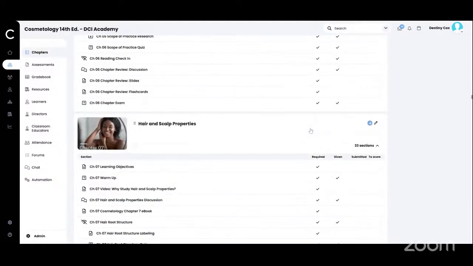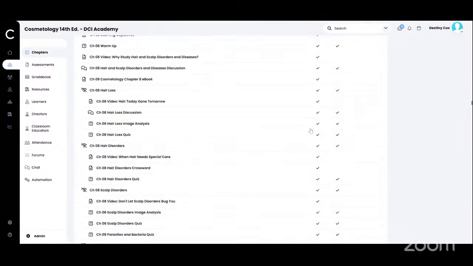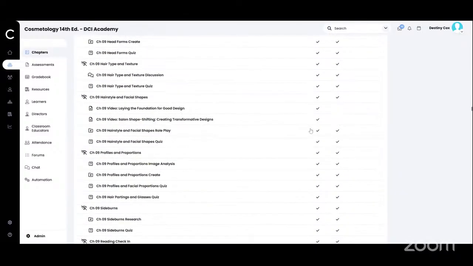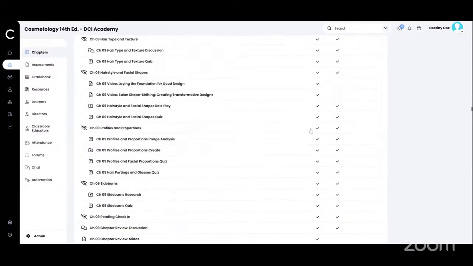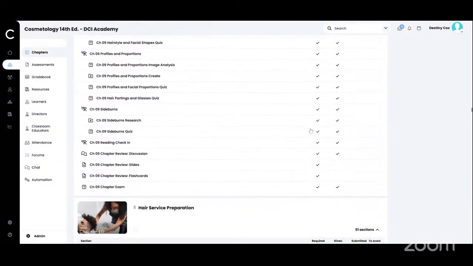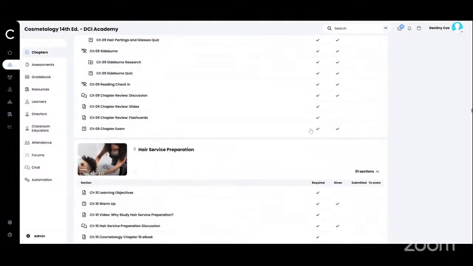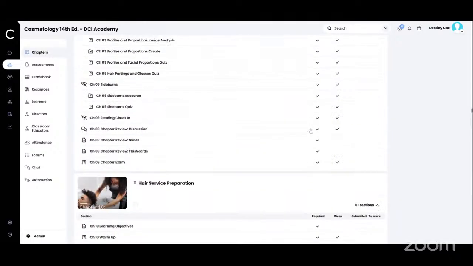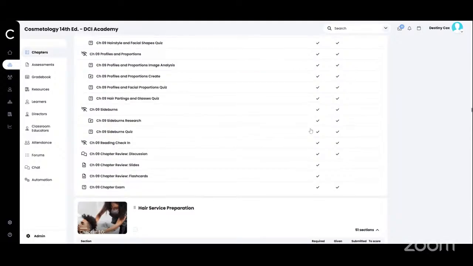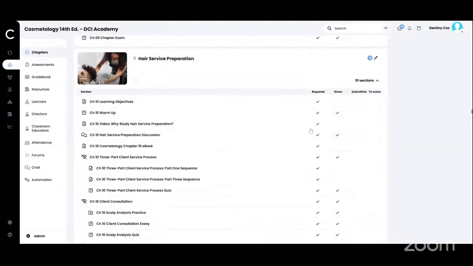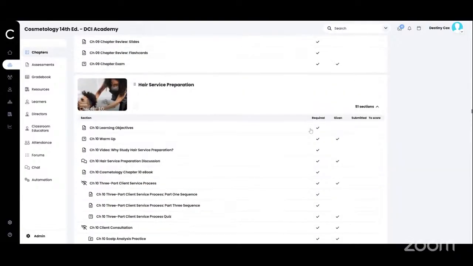Okay, so now going back in chapter 9, we talked about sideburns, talked about styling for glasses. Yeah, we did pretty good. Okay, awesome. All right, let's look at chapter 10.